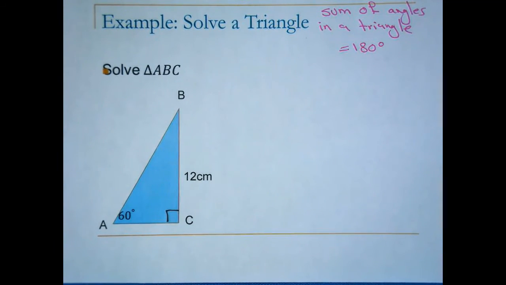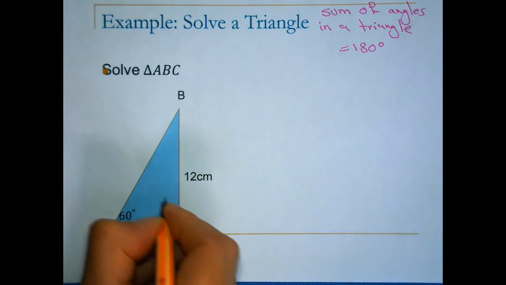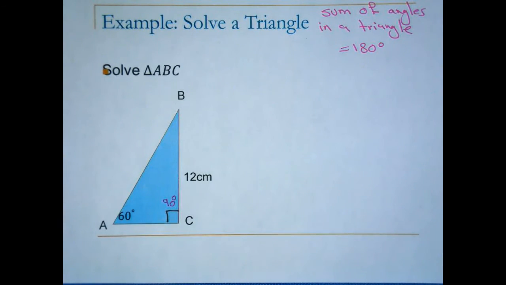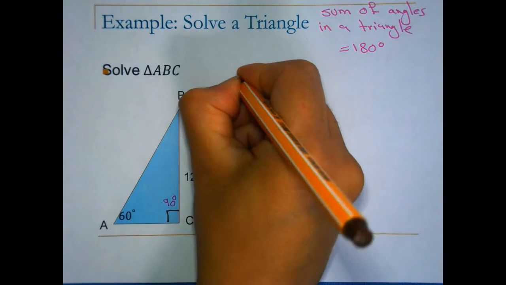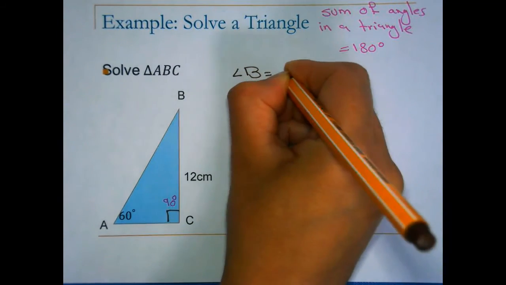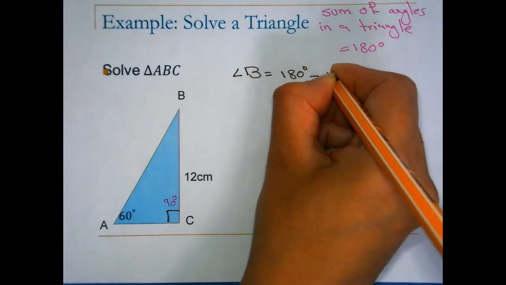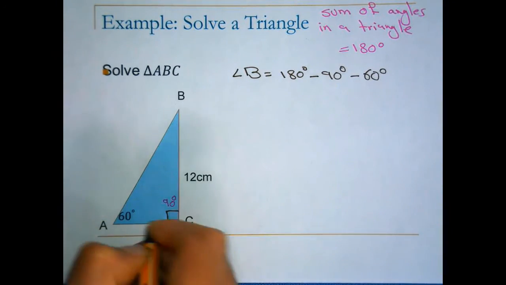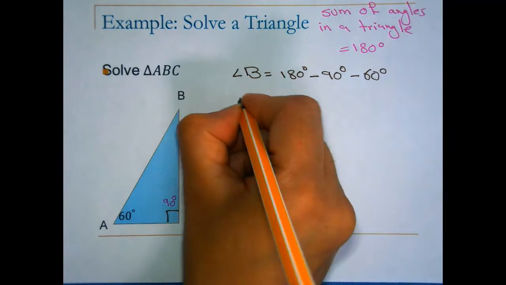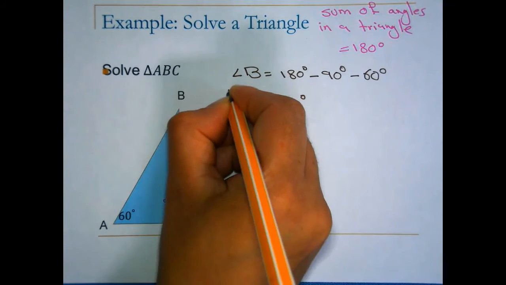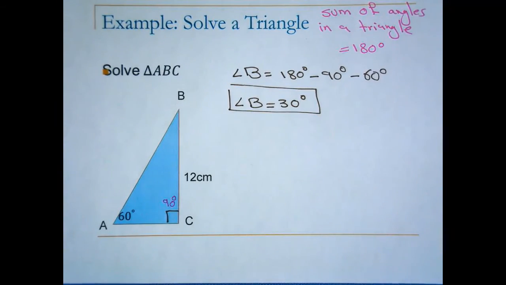So that means we already know this is 60, we already know this is 90, so we can find the other one. Angle B will be 180 minus 90 minus 60. Because the 3 will add up to 180, that means angle B is 30 degrees. So we already have one of the unknown measures.